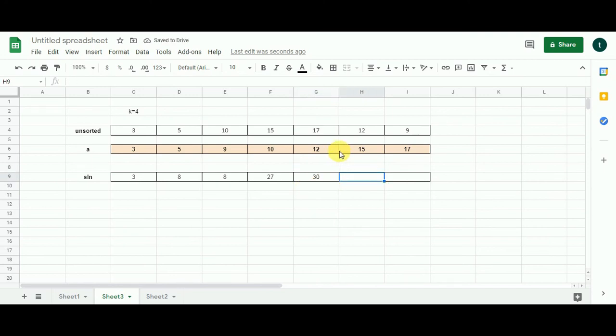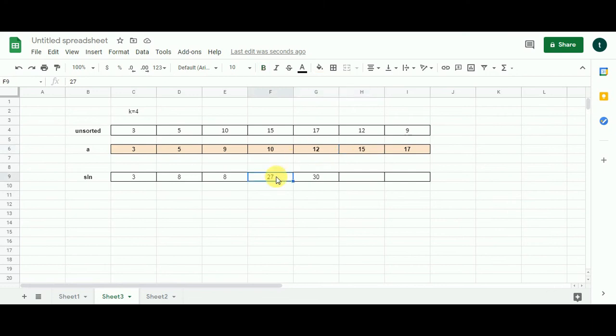Now we move to the next subproblem that involves 15. So can 15 and 12 form a pair? Let's check that out. We subtract 12 from 15, we get 3. 3 is less than 4, so yes, they can form a pair. So addition of 12 and 15 is 27. That 27 will be added to this 27.